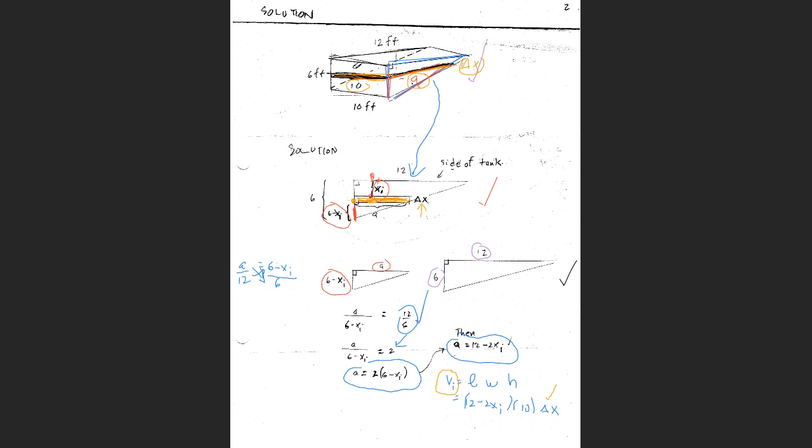Right, John. We need to know the weight of the ith layer of water, or the force. And then also, as John says, we need to know how far down the ith layer of water is. But based on our picture, the ith layer of water is xi feet, I'll just circle this, xi feet from the top of the tank where the spout is. So okay, let's go ahead to the next page.